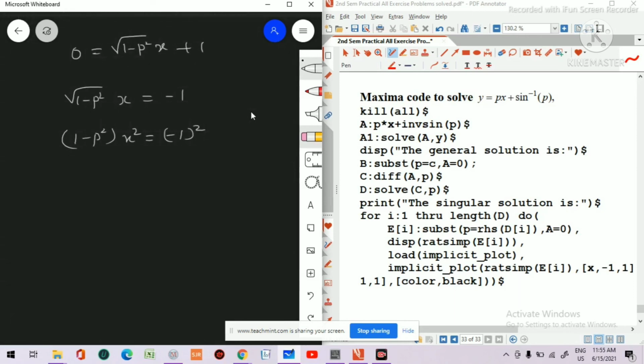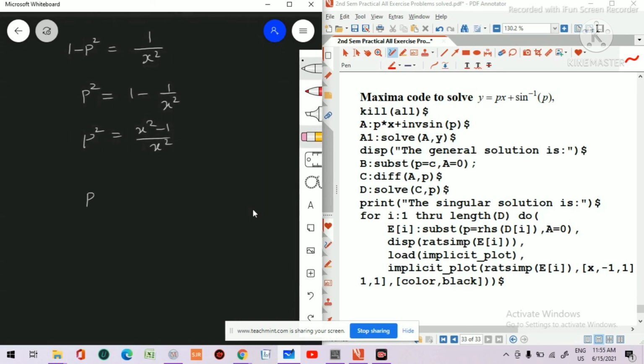Now I'll get 1 minus p square is equal to 1 by x square. So p square is 1 minus 1 by x square, which is x square minus 1 by x square. So p is equal to plus or minus square root of x square minus 1 by x. Is it fine? This is our p value.